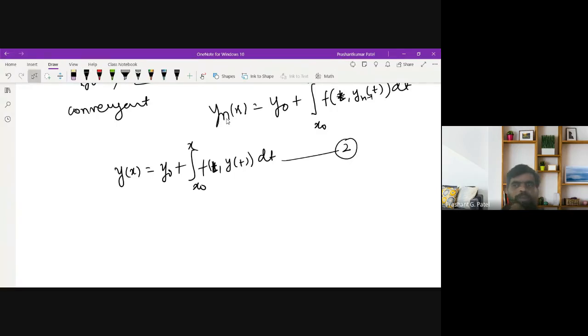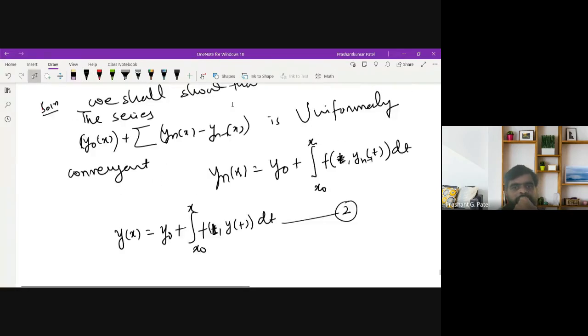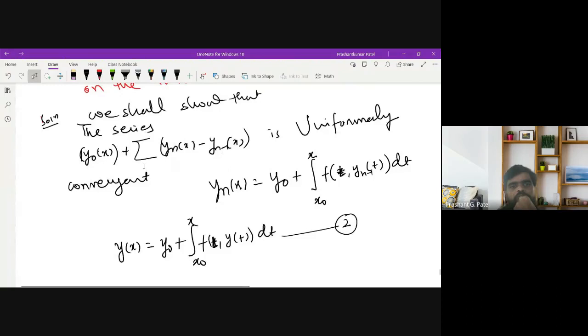Ultimately I have to prove that this series is uniformly convergent, because the partial sum of this series is exactly the yn that we observed in the previous lecture. With all these notes which we have already discussed in the Picard's theorem, we will prove this with a similar argument.